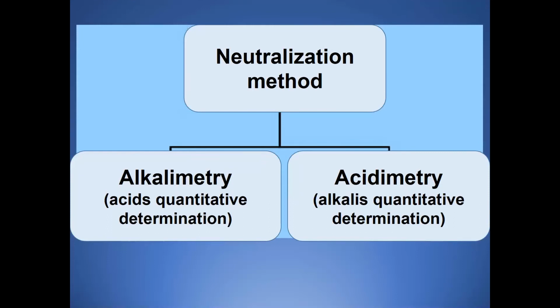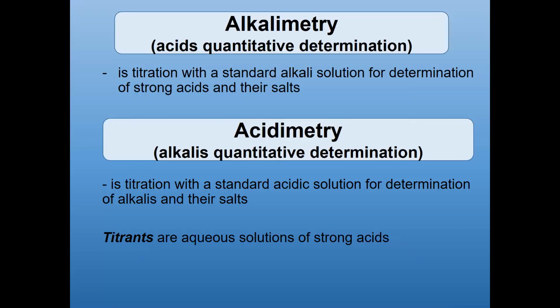Neutralization method. Alkalimetry: quantitative determination of acids. Acidimetry: quantitative determination of alkalis. Alkalimetry is titration with a standard alkali solution for determination of strong acids and their salts. Acidimetry is titration with a standard acidic solution for determination of alkalis and their salts.